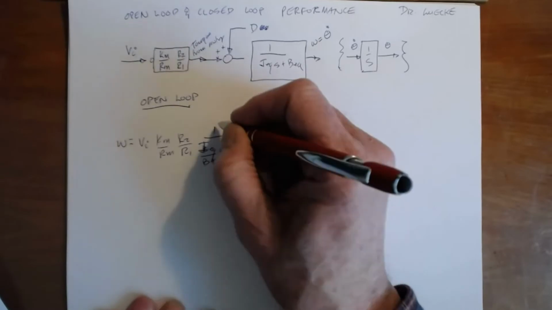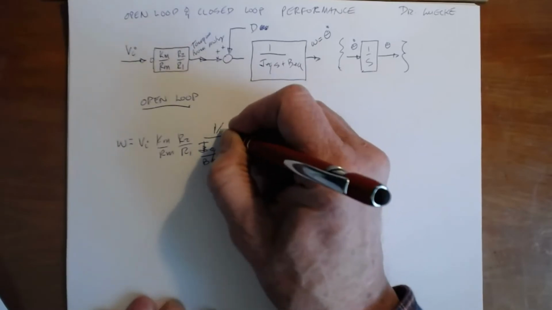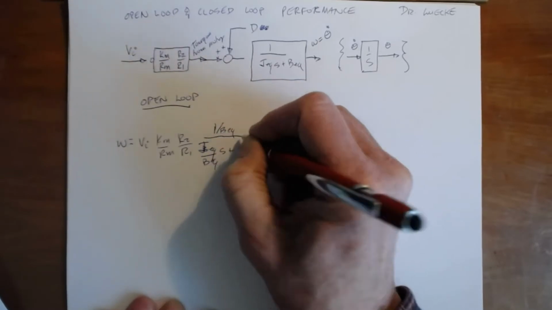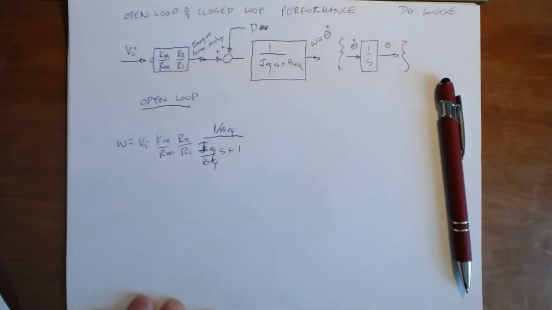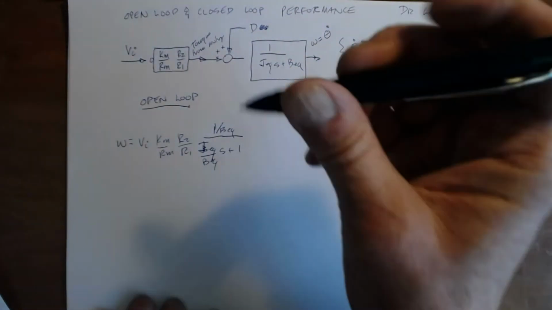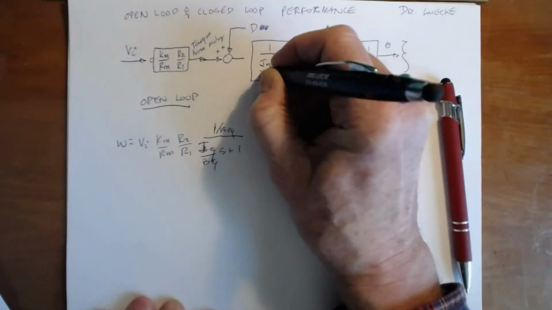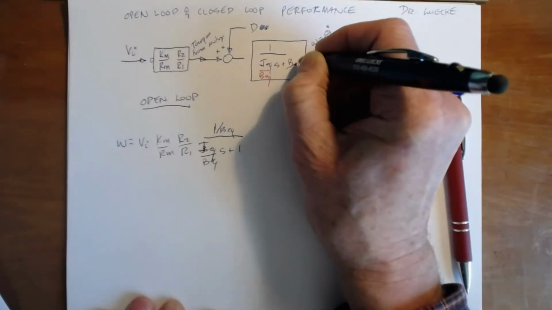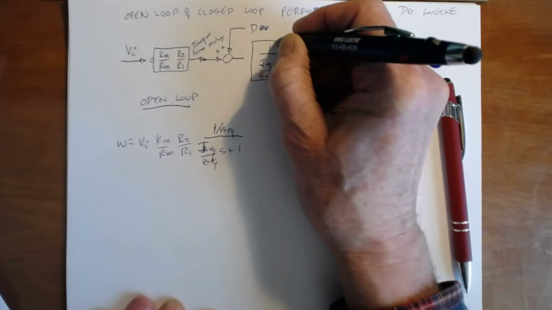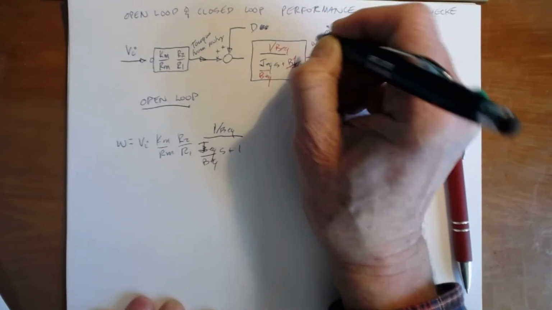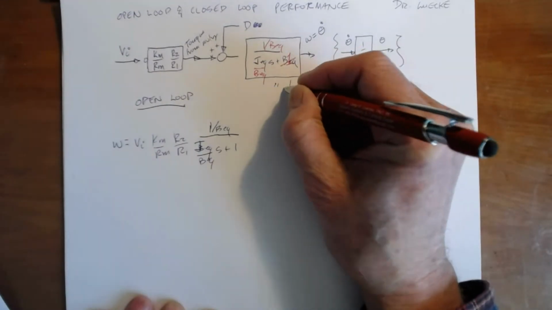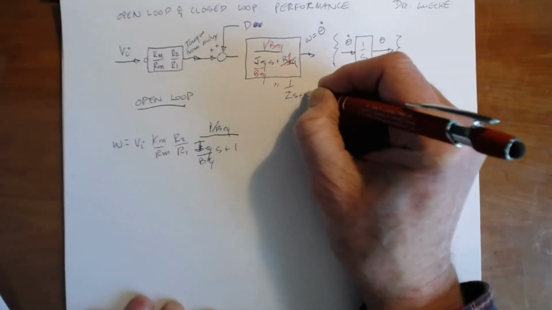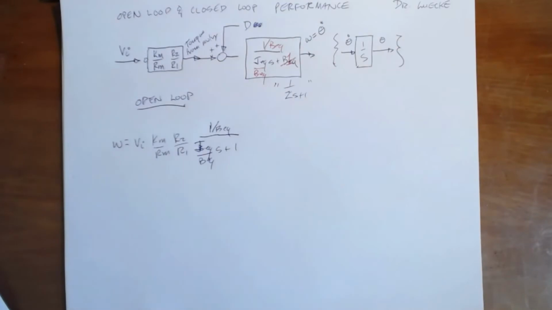And this has got to be a 1 over B equivalent. So what I've done here is I put a B equivalent up at the top there. I should make that clear. So I'm going to make it here just as B equivalent. This is 1, and this is 1 over B equivalent. I just chose to do that because that puts this into the form of 1 over tau S plus 1, so that we know what the time constant for that system is.